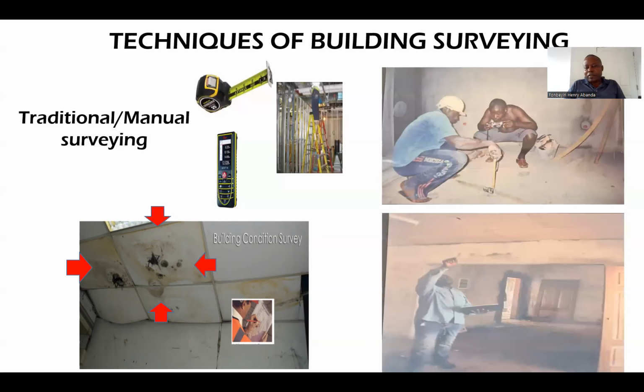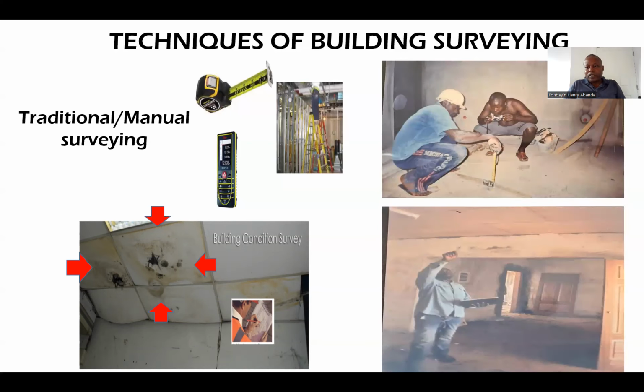And that's me there some 20 years ago, surveying a building, literally walking from one room to the other, and then using photographs together with that guy using a tape. You can imagine how long it may take to complete inspecting a building and identify potential defects.